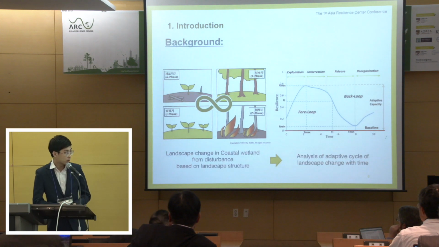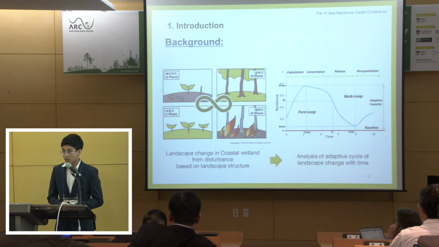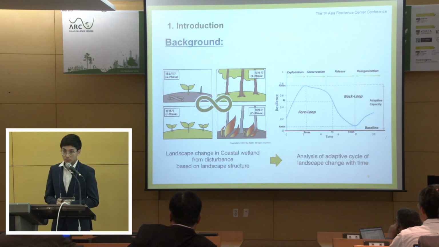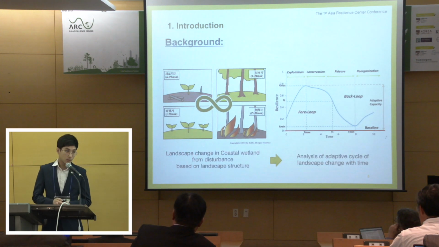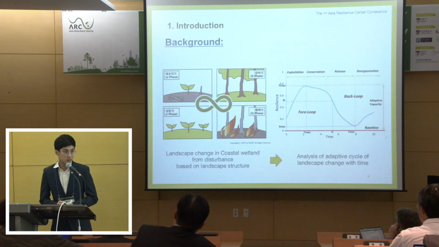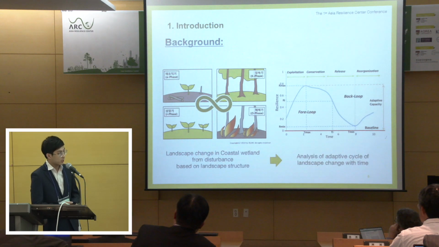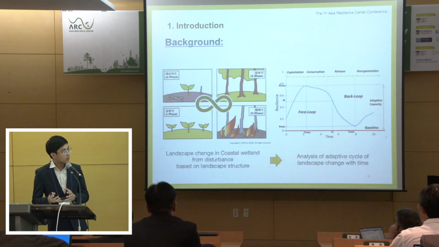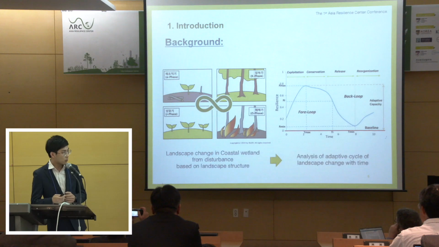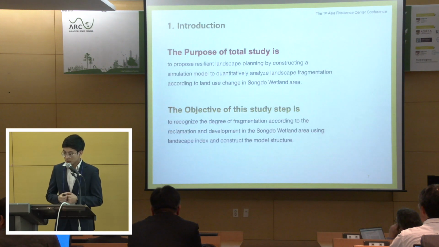Also, we need to understand the landscape structure of coastal wetland and analyze the adaptive cycle, the landscape change with time, using a simulation modeling method, because simulation modeling can predict the change of a system over time.